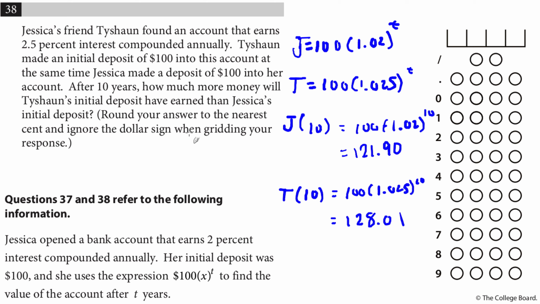Okay, so I will subtract these two. So 128.01 minus 121.90. There's a slight issue with this in that he didn't earn 128, he only earned $28.01. She didn't earn 121, she earned $21.90, but the hundreds are going to cancel out, so it's actually not going to cause a problem for this.